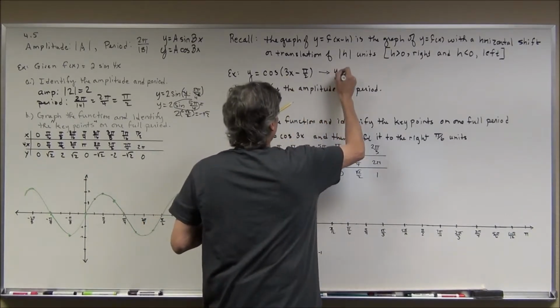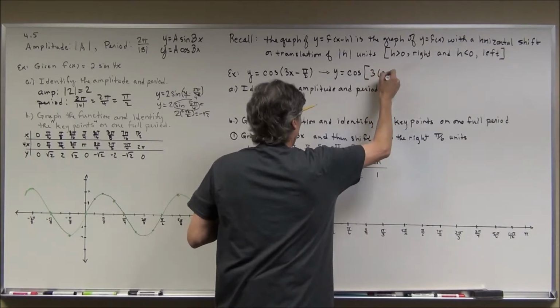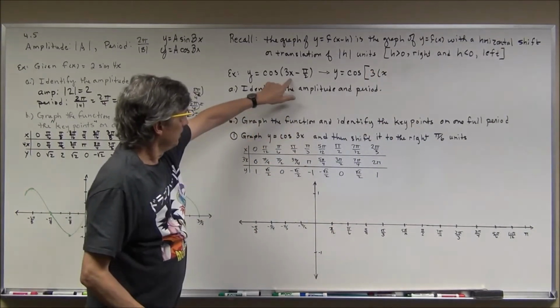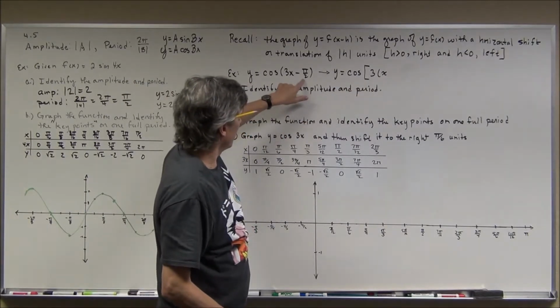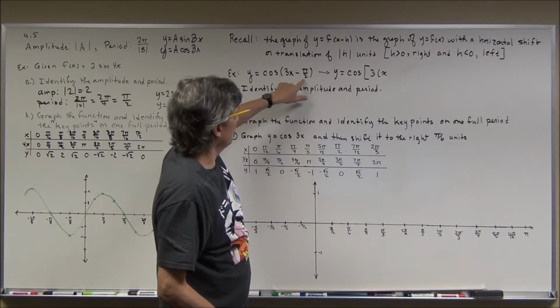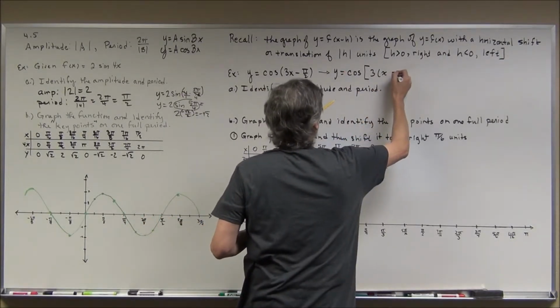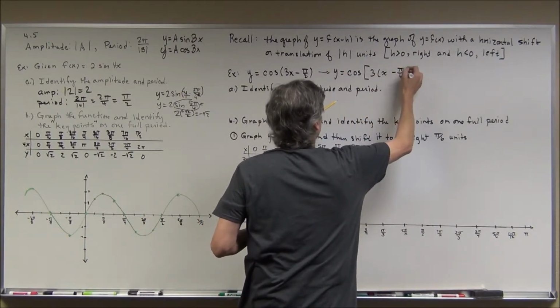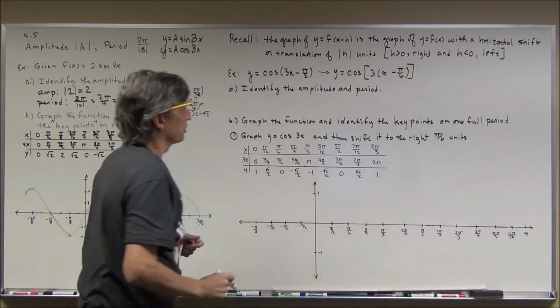So I'm going to have y equals the cosine of 3 times the quantity x minus, factor the 3 out of the 3x, it leaves the x. Factor the 3 out of the pi over 2, it's like you're dividing it by 3 because you're factoring it out, so that's going to be minus pi over 6. Now if you're not sure you did that right, distribute back, you should get right back to where you started.